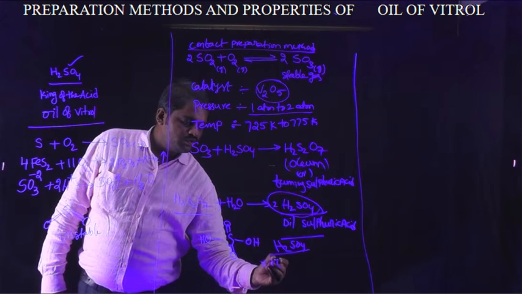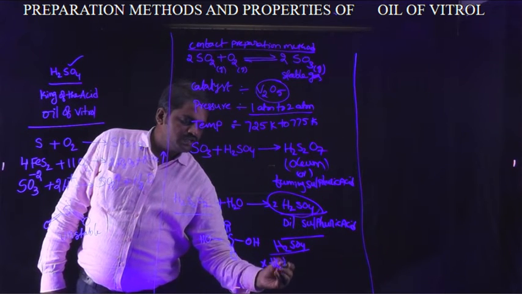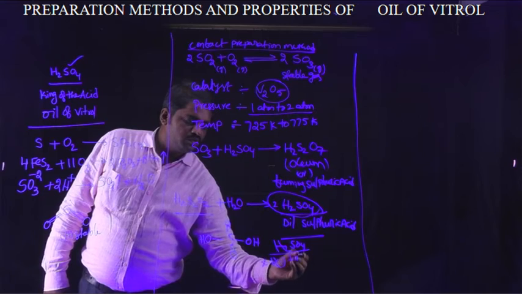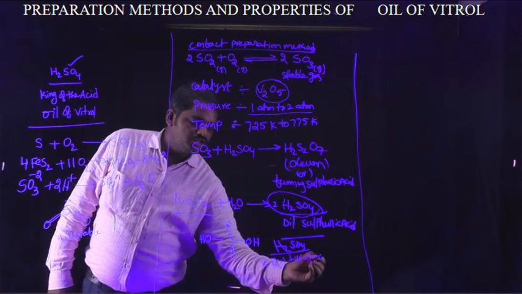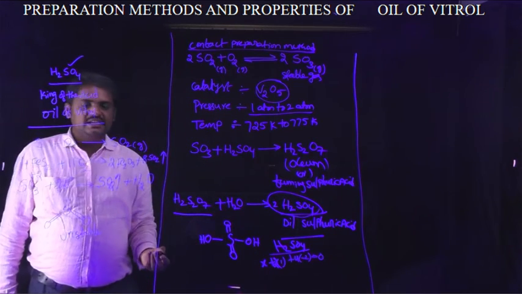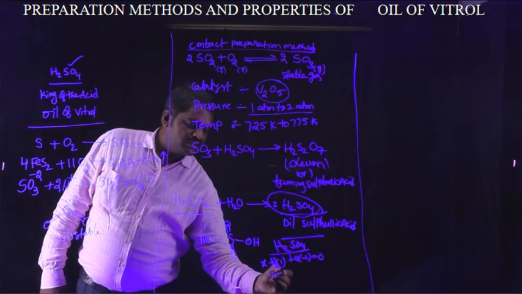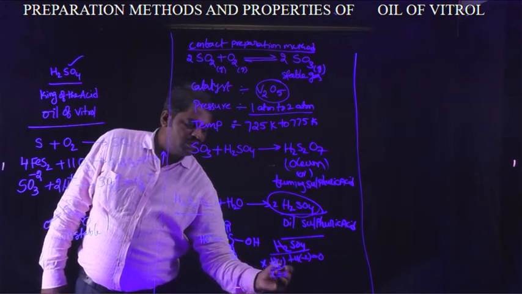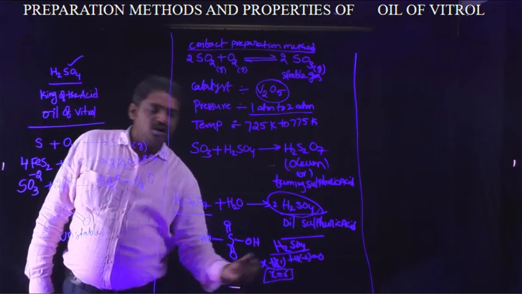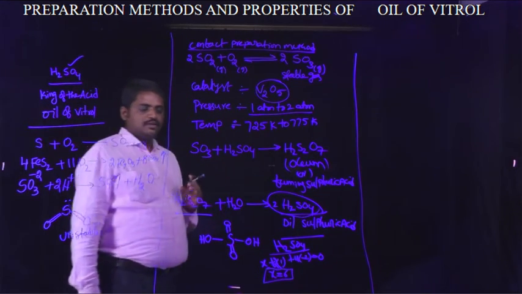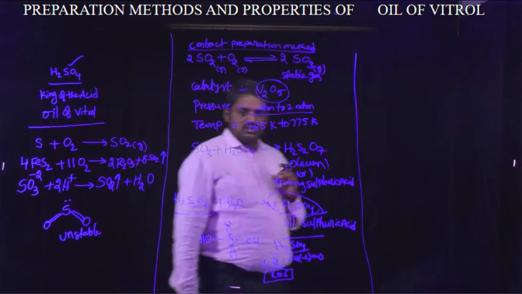So 2 into +1 plus 4 into -2 plus X is equal to 0. X plus 2 minus 8 is equal to 0. X minus 6 is equal to 0. X is equal to 6. The oxidation state of the central atom, sulfur, is 6.